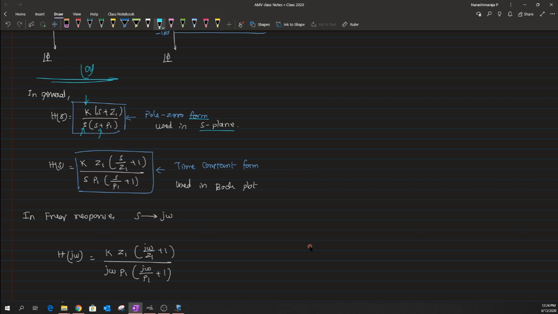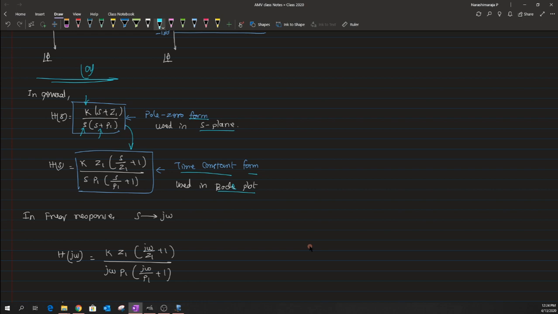But one can also rewrite this transfer function in what is known as the time constant form, and we generally use this time constant form when we try to plot in terms of a Bode plot. Whenever we want to plot a Bode plot, it is better to convert your transfer function into the time constant form.